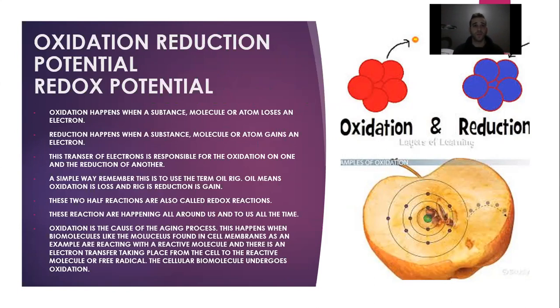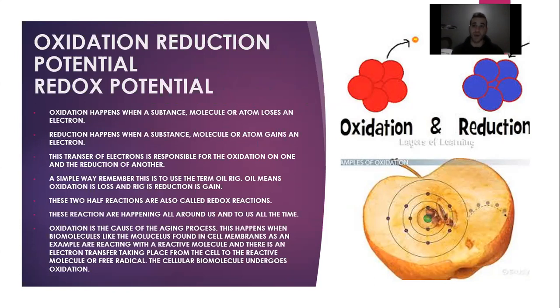Some examples of oxidation I like to share with people during a demo or with clients: obviously the apple is a very simplistic way for people to get a grasp of oxidation. Rusting, iron or steel that has been rusting, is an example of oxidation.